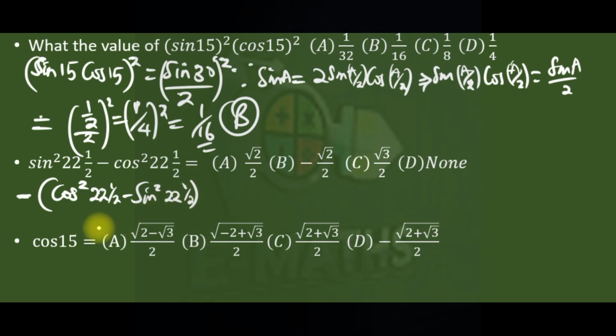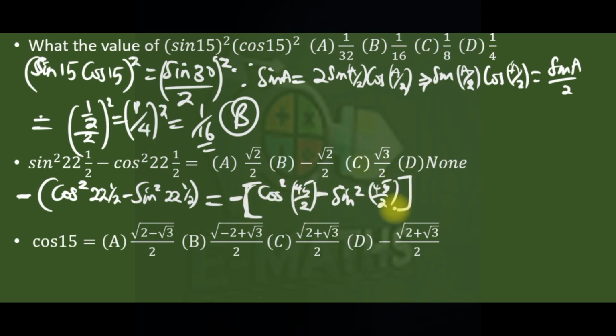Yes, because I want to bring in half angle cosine, and we can write this as minus cos squared half of 45, that's 22 and a half, minus sine squared 45 over 2. So we can write this as minus cos 45.